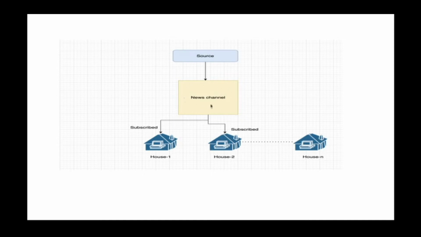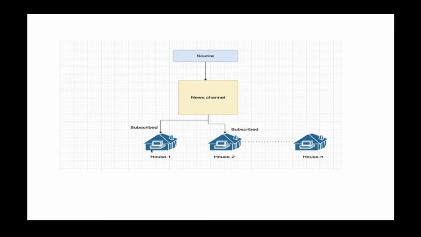The news channel will cast the news to the particular page. Let's say that news channel wants to make it the breaking news, or the headline, or the last part of the news, whatever. The news channel will place that news in the particular place, and after everything has been finished by the news channel, then it will be published.